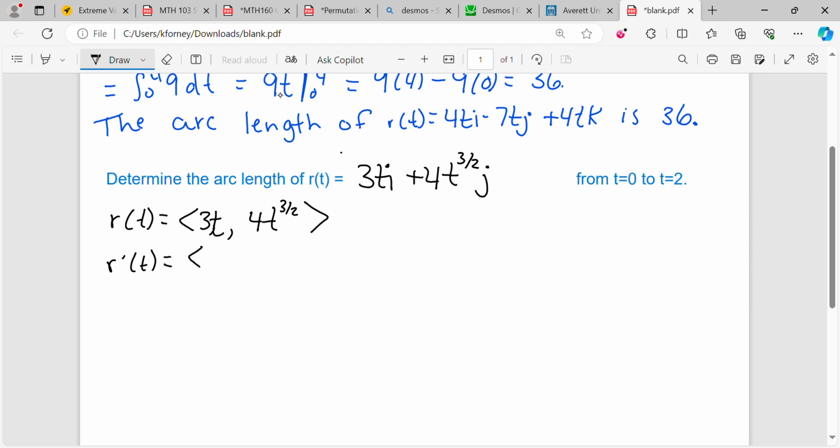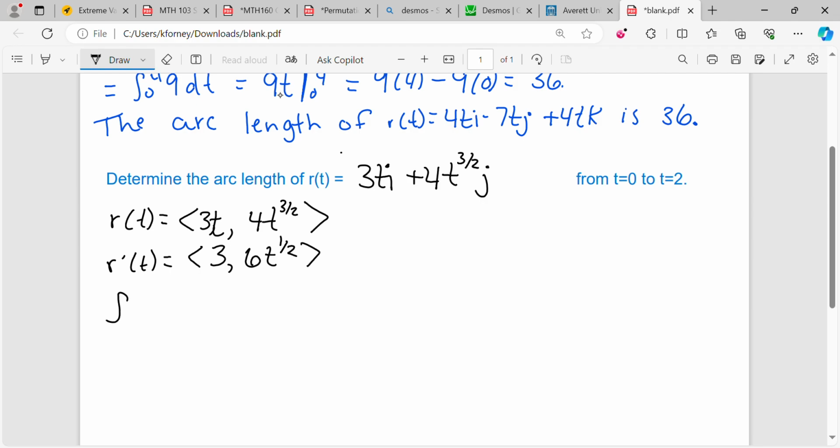We take the derivative of 3t, and then take the derivative of 4t to the 3/2. So the 3/2 would come down, and 4 times 3/2 would become 6t, and remember you subtract 1 from the exponent to get the 1/2. So that is our derivative.